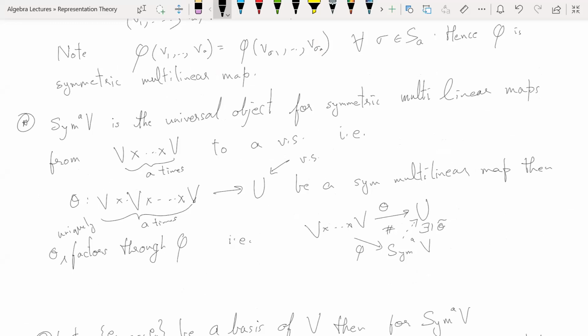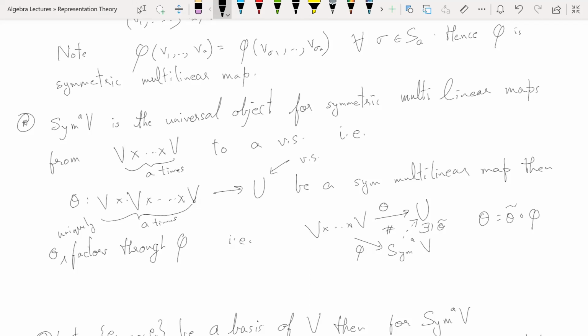In other words, given this theta from A copies of V to U, there exists a unique map theta tilde from Sym^A V to U which makes this diagram commutative. That is, theta is the same as first applying phi and then applying theta tilde.